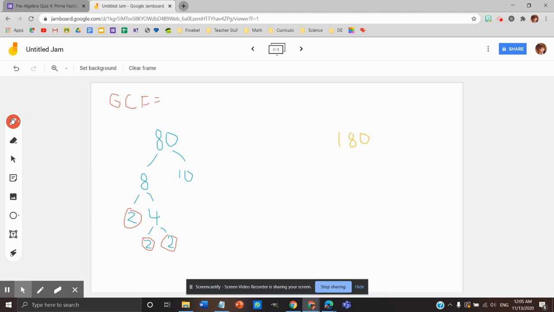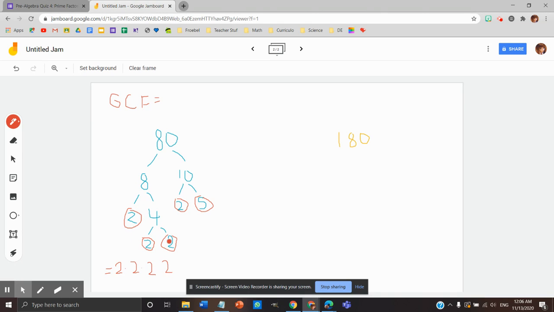How about the number 10? I know that 10 is the same thing as 2 times 5. And again, I already know that 2 is a prime number and 5 is a prime number. Therefore, my prime factorization for 80 is 2 times 2 times 2. Oof, that's a lot of 2's. Times 2.